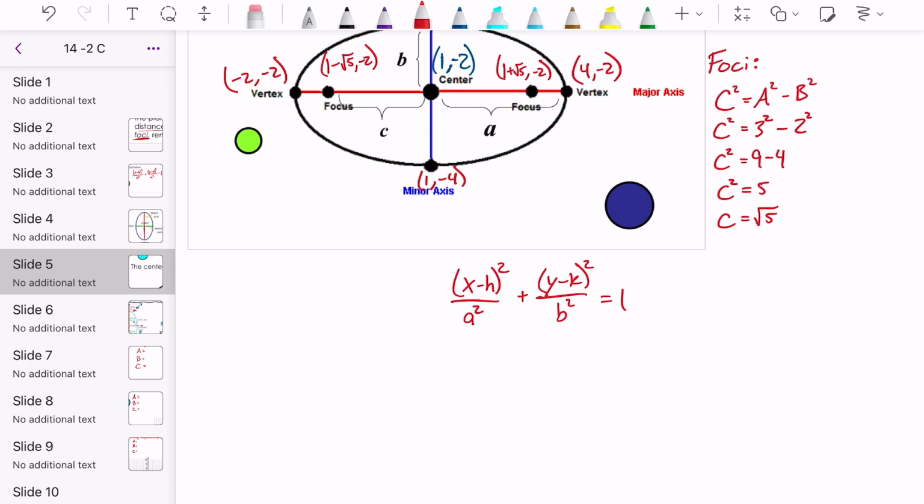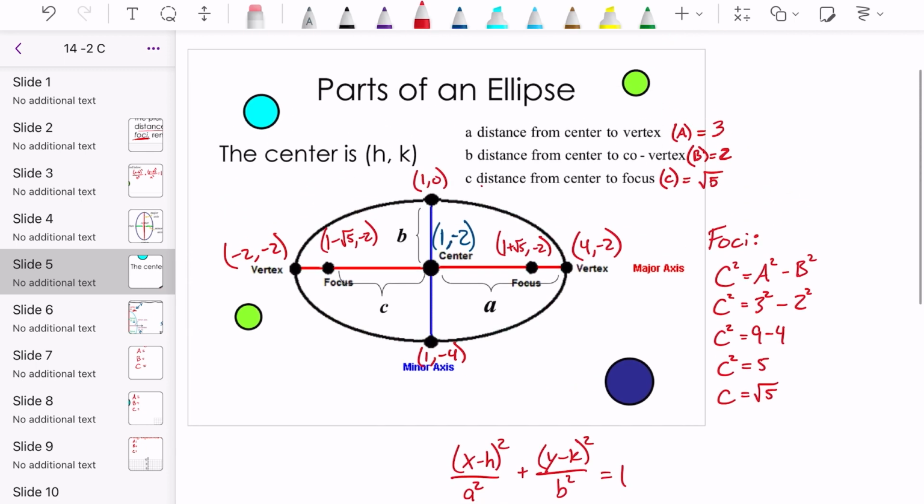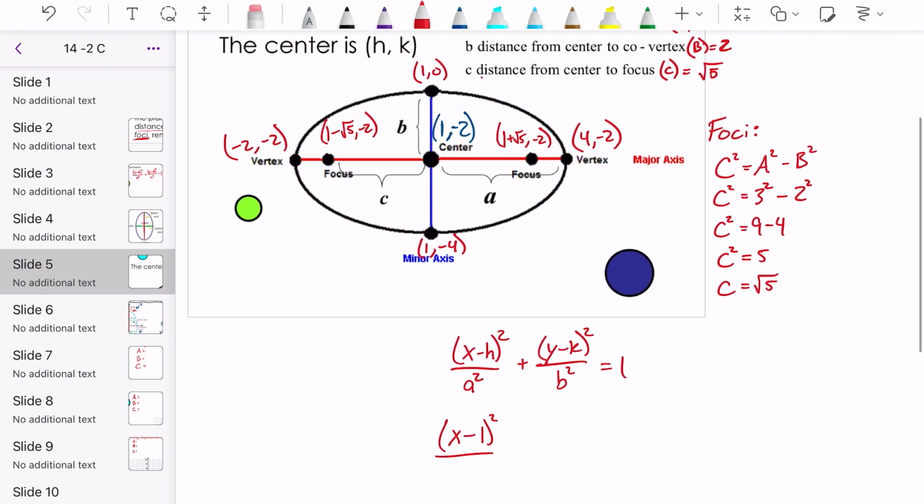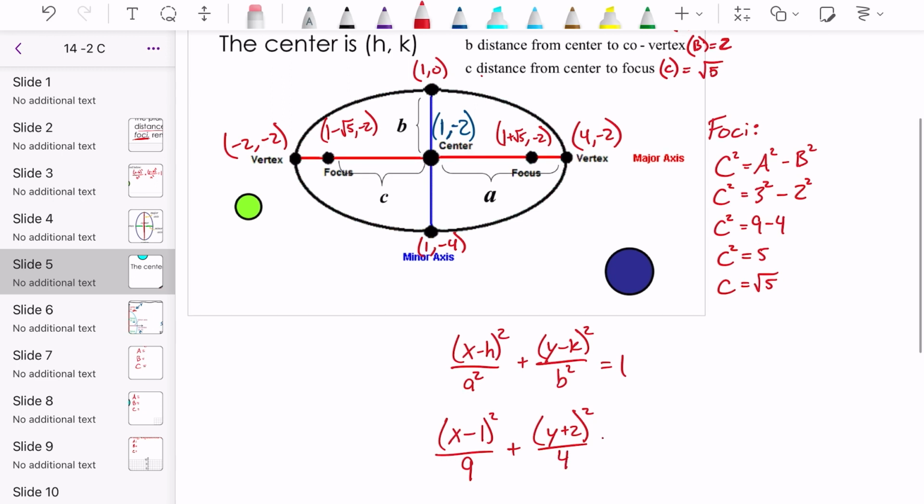This would be x minus 1 squared over a squared. Now remember, a is 3, which means this would be 9, plus y minus k, or y minus a -2, which is y plus 2, squared over b squared, which is 4, is equal to 1. That would be the equation for this current ellipse.